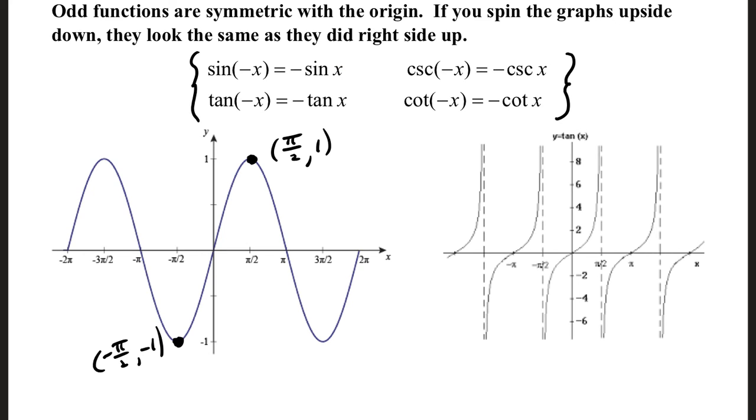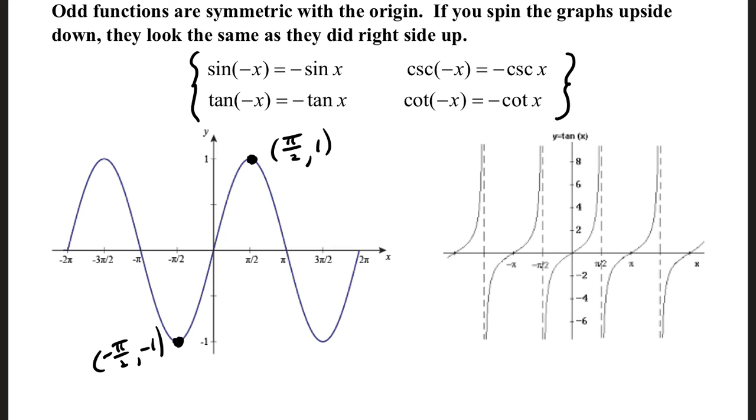For example, if I pick negative pi over 2 and positive pi over 2, sine of negative pi over 2 is negative 1. Sine of positive pi over 2 is positive 1. So switching signs switches the sign of your answer. And that's true for all 4 of these trig functions. Tangent also works the same way.